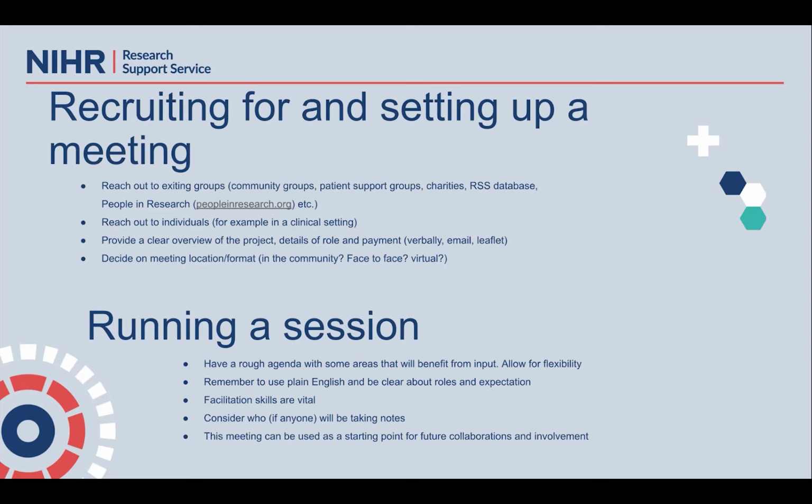Patient support groups, for example, or charities often have mailing lists, or they may already have PPI groups that are directly related to the broad topic area that you're working in. We have a database at the RSS in Southampton, so we have an email list of people who are interested in patient and public involvement.